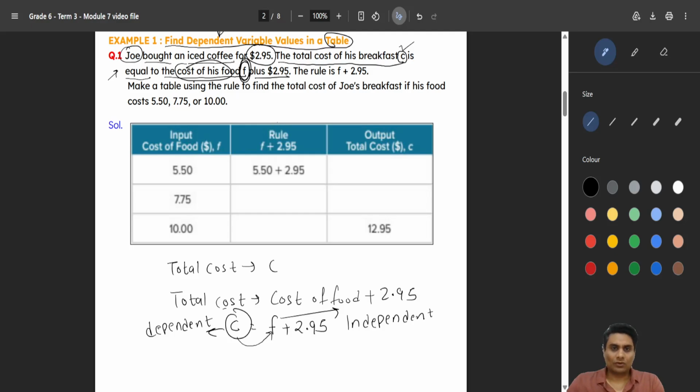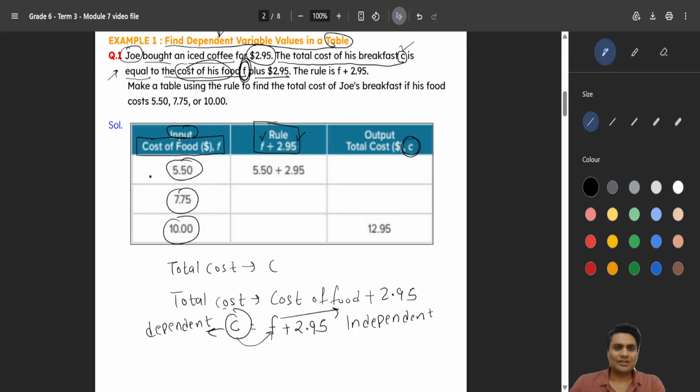Okay? So you have understood which one is independent, which one is dependent. The rule is given here also. Check carefully in the table. The cost of the food plus 2.95 will give me the total cost. What do I have here now? 5.5, 7.75 and 10. Check. In the table, this is the input, meaning the cost of the food that I am buying.